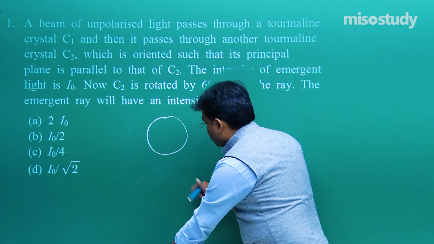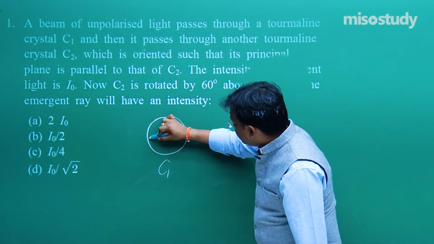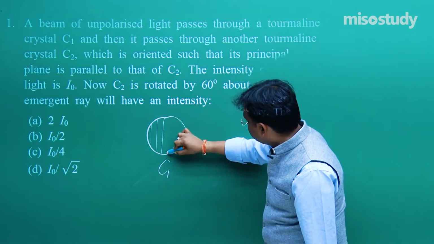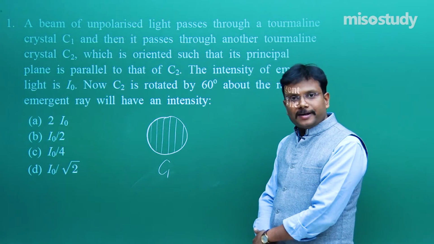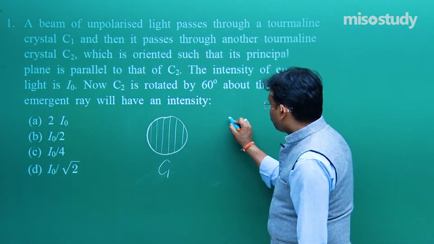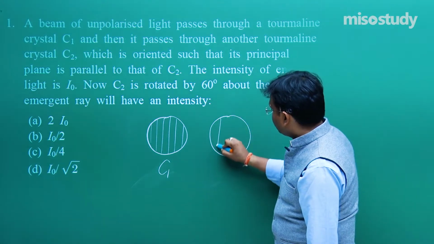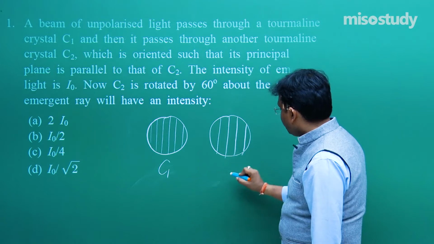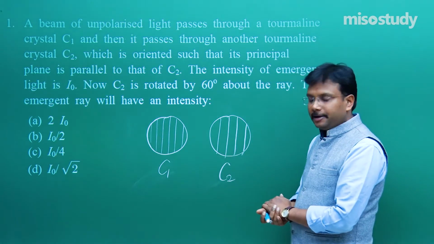The axis is oriented in this fashion. Another is also like this, and this is C2. What are the possibilities?